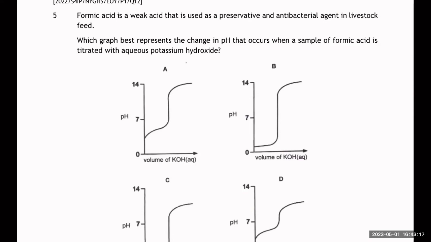Looking at the language, oftentimes not just understanding the concept and remembering the points, we need to understand the language as well. So when the language says titrated with aqueous potassium hydroxide, have you all done titrations yet? What are the two apparatus we use? The one that is clamped onto the retort stand is the burette.